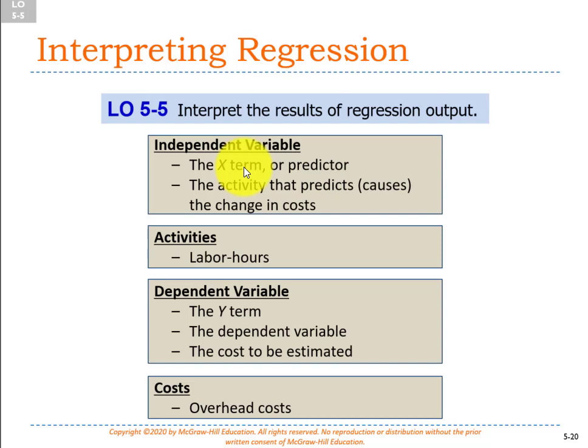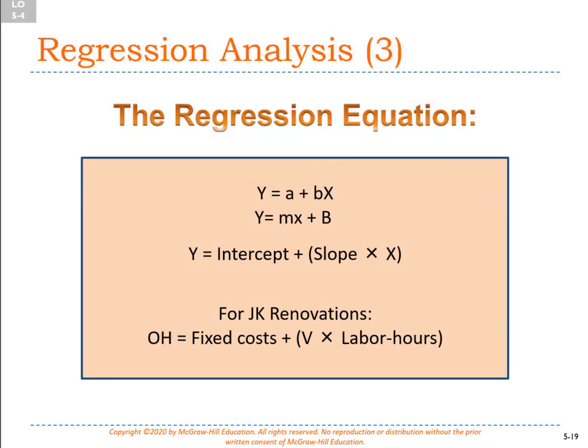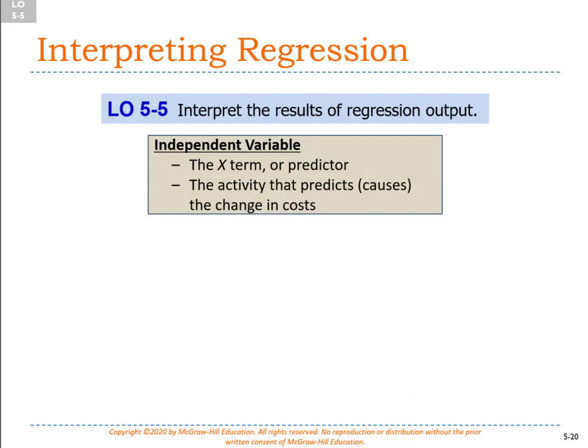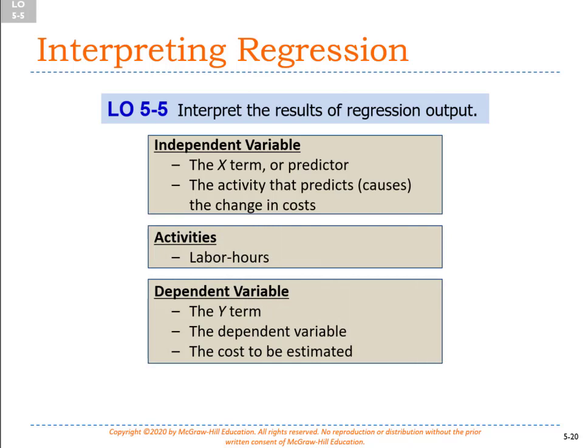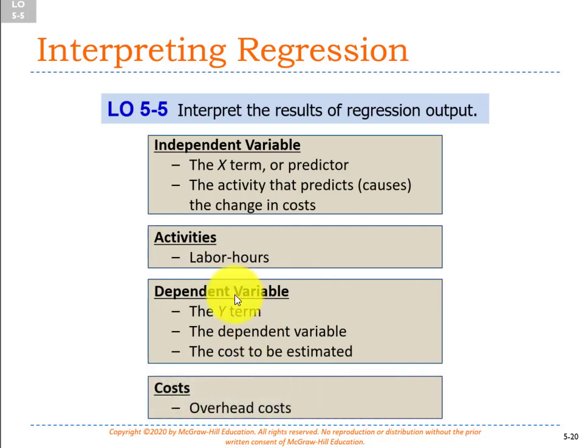We think that the number of labor hours is the X term. That's what we think is going to predict how much our overhead cost is. Okay? The dependent variable is the overhead costs, or Y, the cost to be estimated. In this case, that's overhead. Okay?